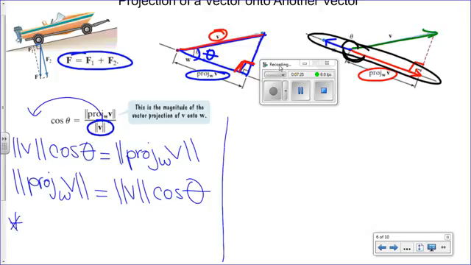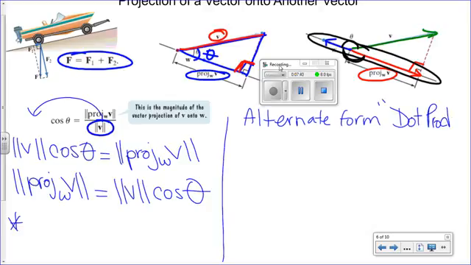So what I want to do is, I don't know if you remember the alternate form for dot product. So we had an easy one where we would just multiply a sub 1 times a sub 2 and then add it to b sub 1 times b sub 2. That was a way to find the dot product.